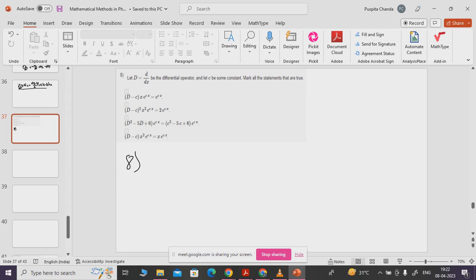So problem number 8: let d/dx be the differential operator, let c be some constant, mark all the statements that are true. So first, (d minus c) x e to the power cx.